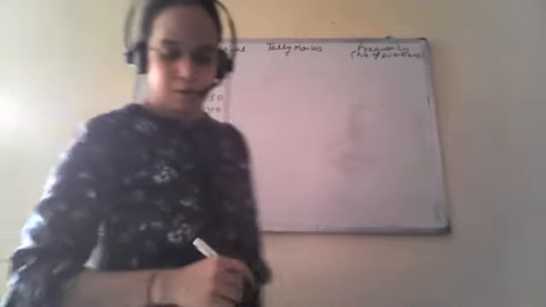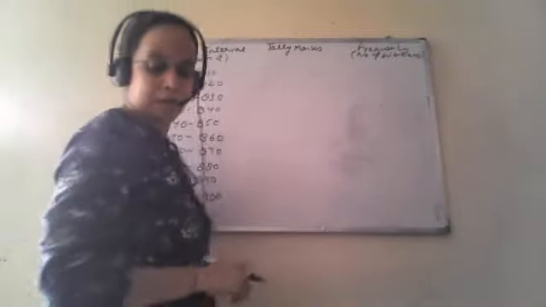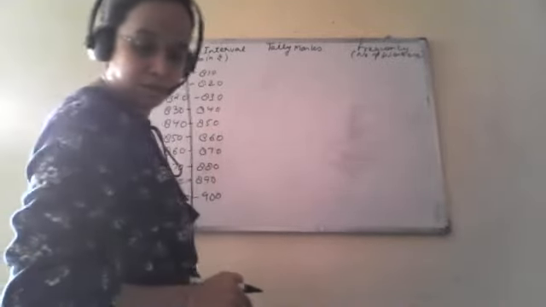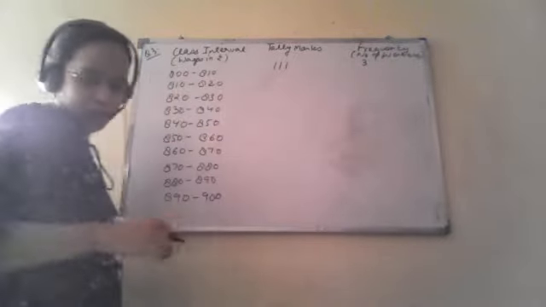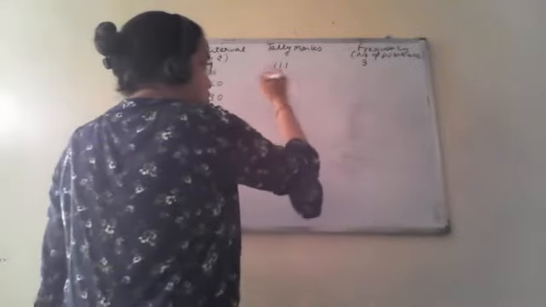Okay, so now we will calculate. In 800 to 810 we have 3 candidates. So tally marks will be 1, 2, 3. Clear? Number of workers we will write 3. For 810 to 820, we have 2 candidates, so 1, 2.